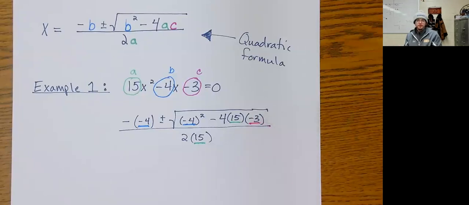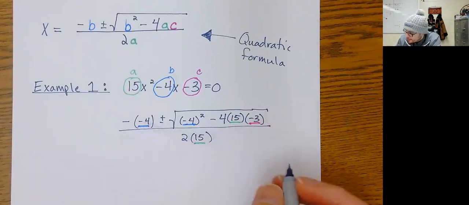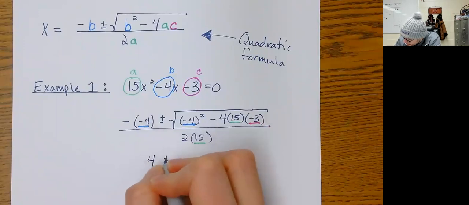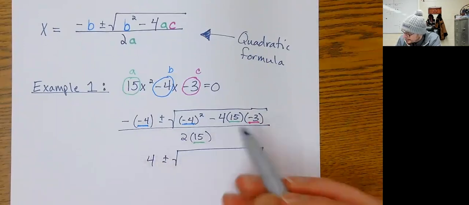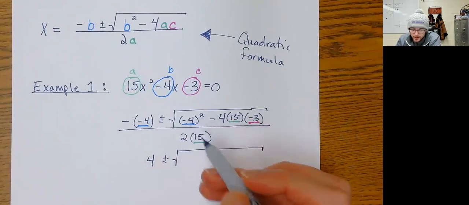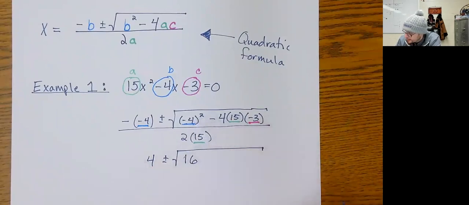All right, so now we're going to simplify one step at a time. Maybe not one step, a couple steps, but small, incremental steps. Negative times a negative is a positive, so I get positive 4 plus or minus the square root. I'm going to do negative 4 times negative 4 is positive 16.